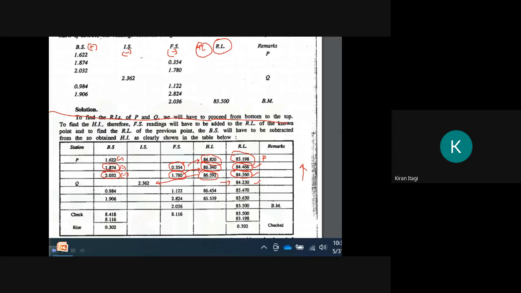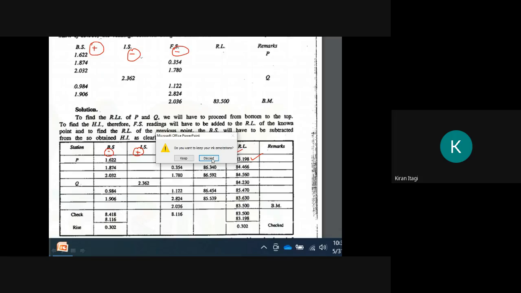In this problem, in reverse order, it is the opposite. Here we will subtract the back side if we are going in a reverse order, and we will add the intermediate side and fore side to get the respective height of the instrument and reduced level. This is how we go about the height of the instrument method.